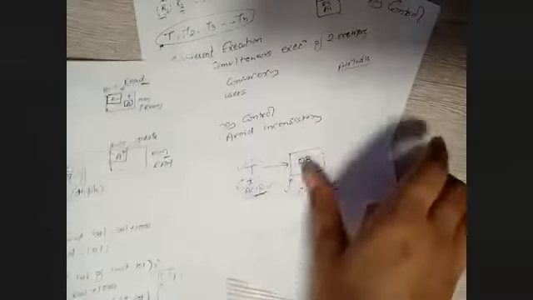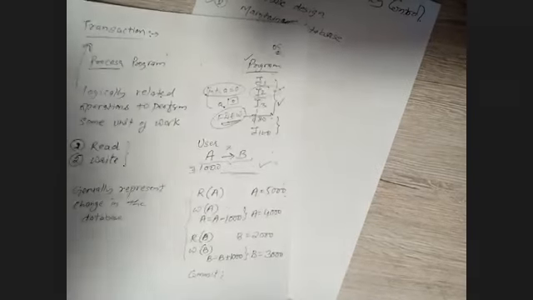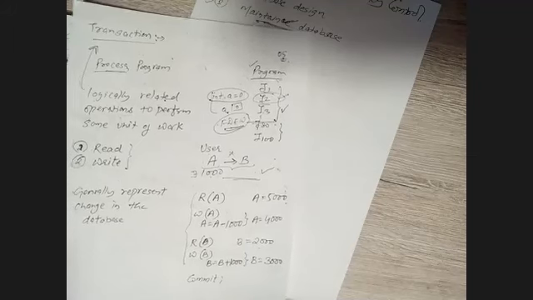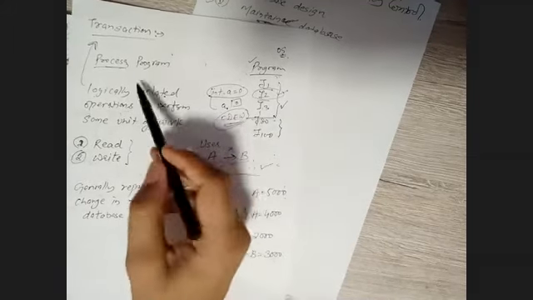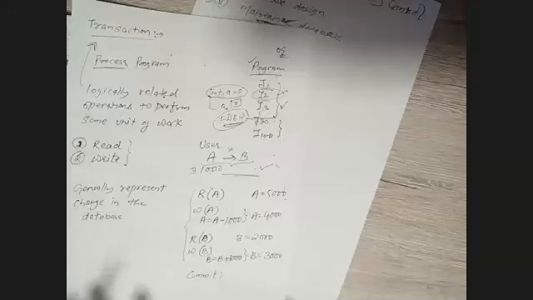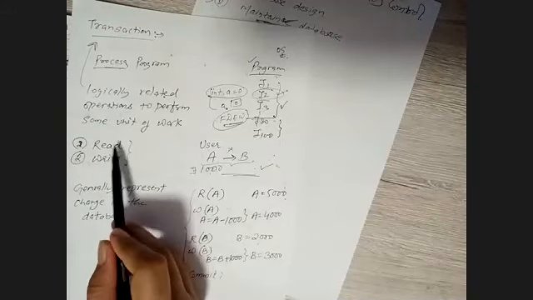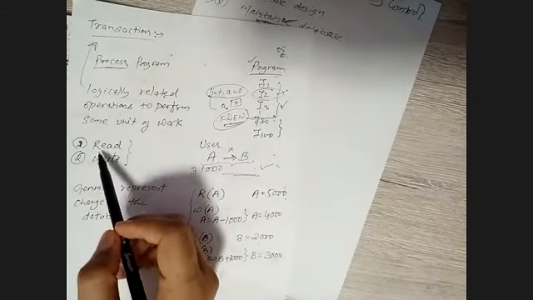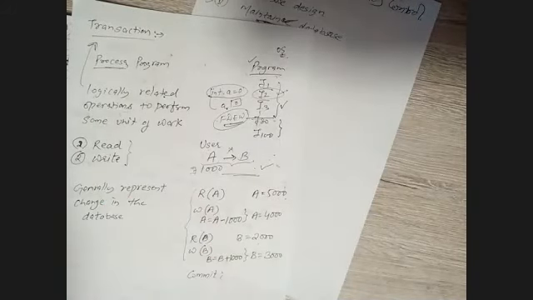Just a quick revision, because this is something you need to take care of and go back to. These are new things in databases, right? So we understood about the transaction. These are logically related operations to perform some unit of work, where we have two operations, read and write, right?